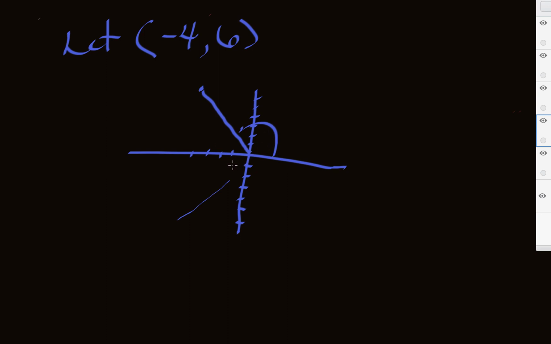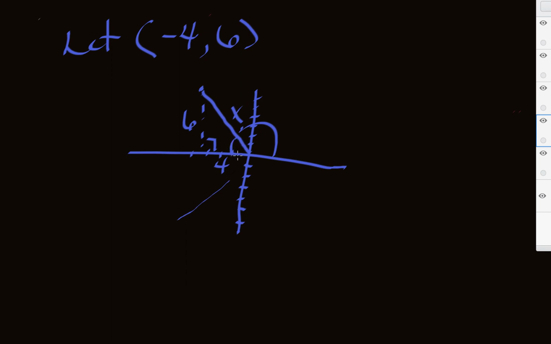And we said this is a right triangle from here that's got a side of 6 and a side of -4. All we needed to do is use the Pythagorean theorem to find this side and then give me the 6 trigonometric functions doing it that way.